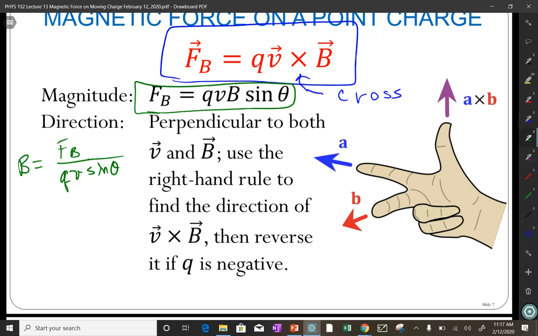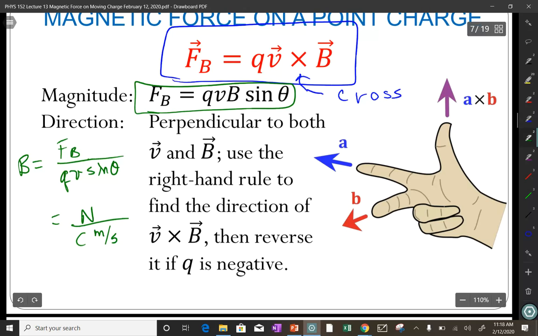And in terms of units, this is real simple, you can all do this along with me. What is the unit for force? What is the unit for Q, the charge? Coulombs. What is the unit for V, the speed? Meters per second.